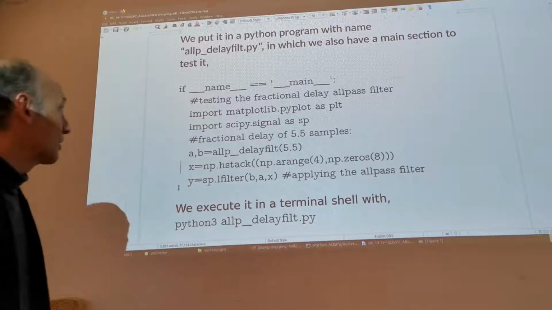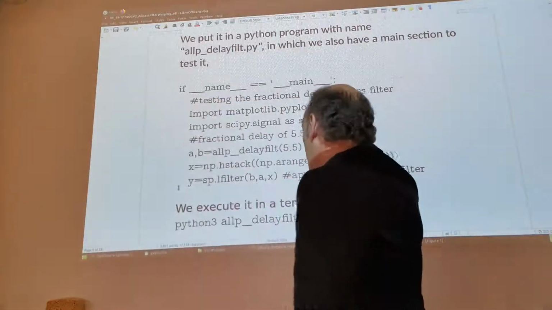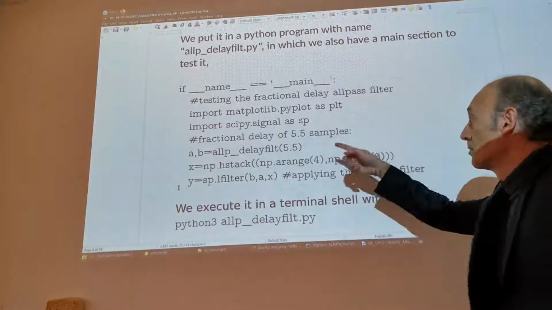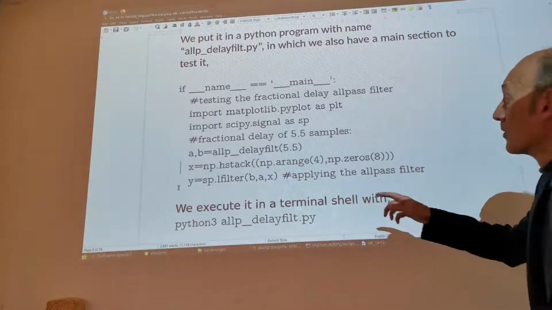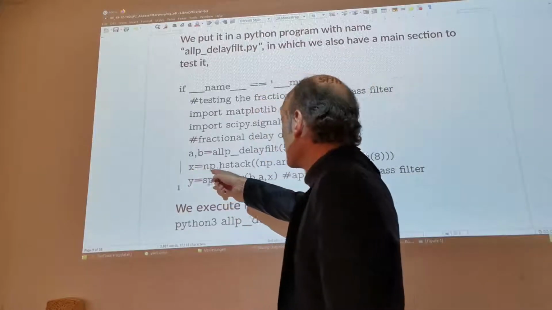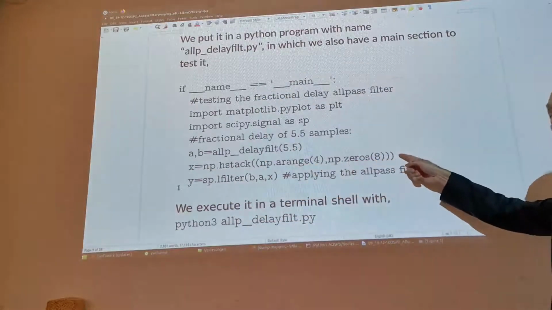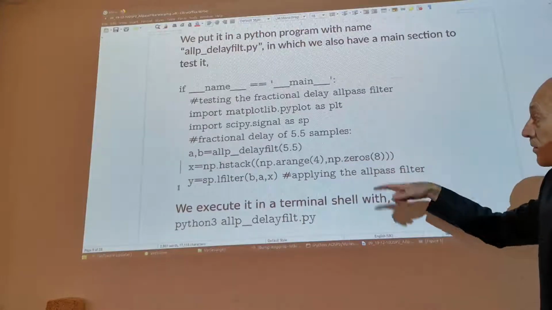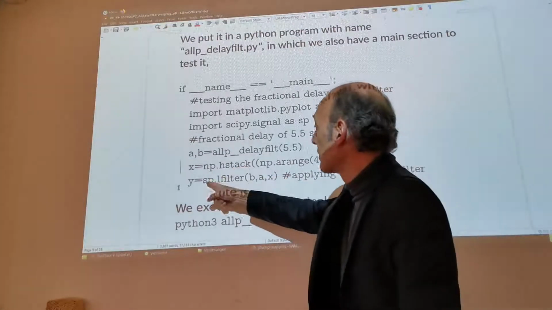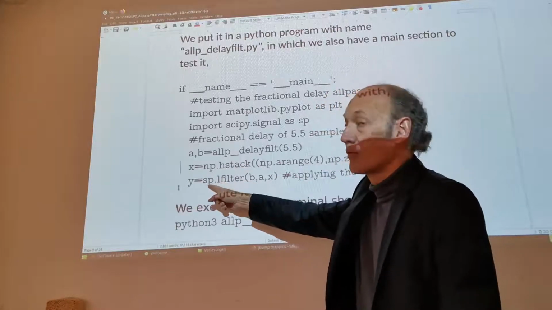So I did it here with a delay of 5.5 samples. So just a fantasy number, 5.5. I'm again taking our test signal, a ramp. So it goes up and then jumps back to zeros. Here the remaining zeros. And then I apply this filter here as lfilter.